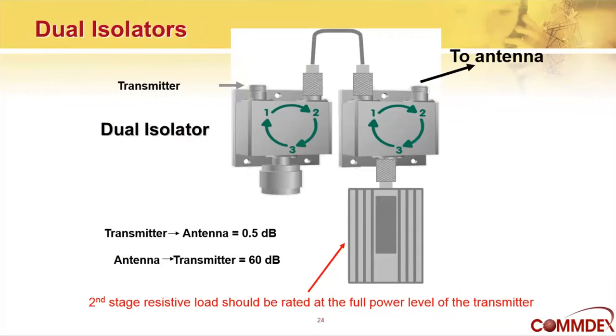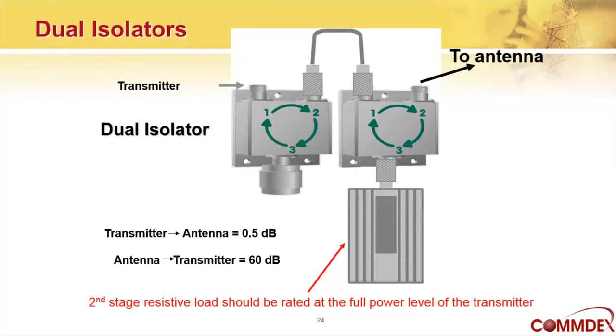And the reason for that is, let's say you have a 100-watt transmitter. It goes through isolators 1 and 2, and only has a half dB insertion loss. So what if you have some kind of short circuit on your antenna to ground, and it reflects all the power back? You need to be able to absorb all that power that's reflected back, and that's why you use the full rated load.